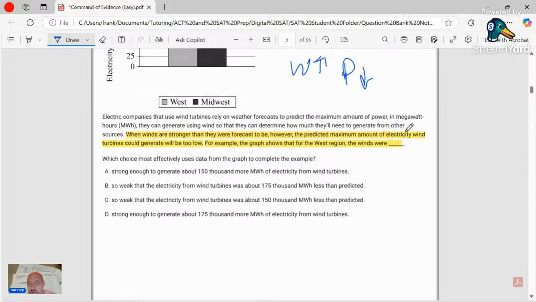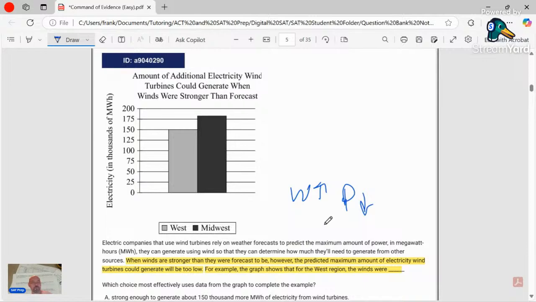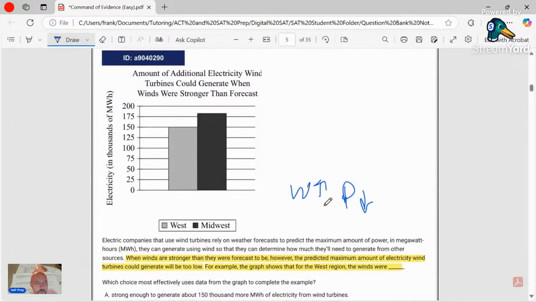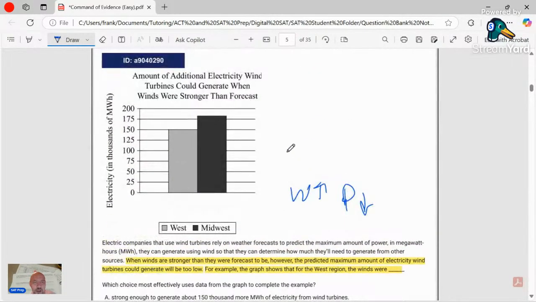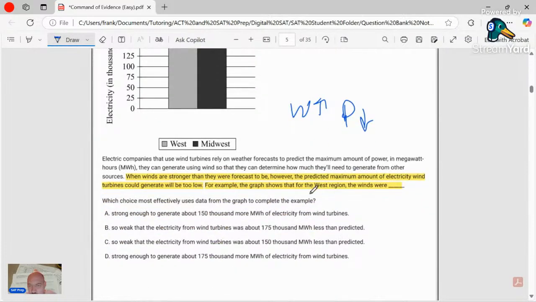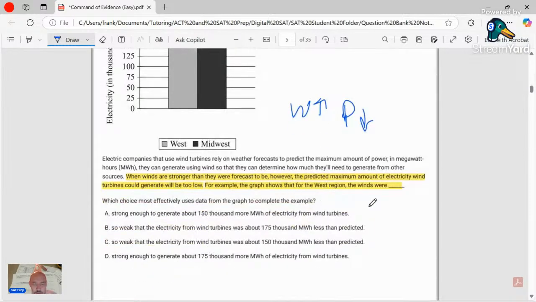The graph shows that for the west region, the winds were, well, I guess all of them kind of mention it. Amount of additional energy. It says, however, the predicted max amount of electricity winds could generate will be too low. For example, okay, strong enough to generate about 150,000 more. The west region. West region is gray. Well, that looks good.